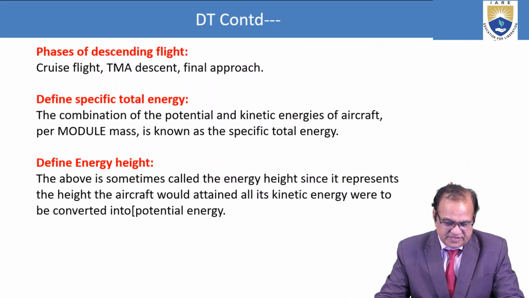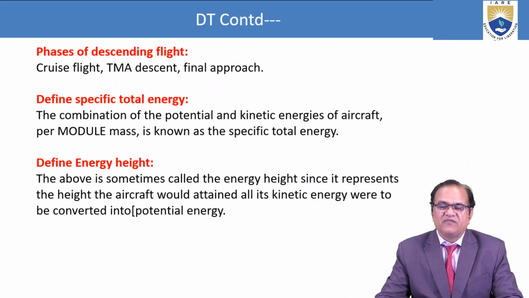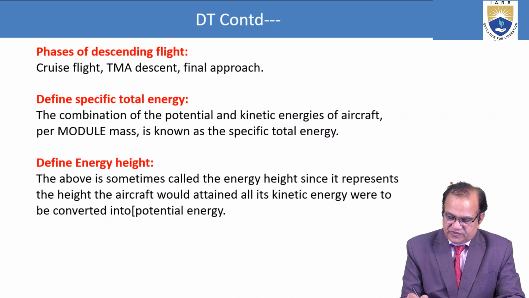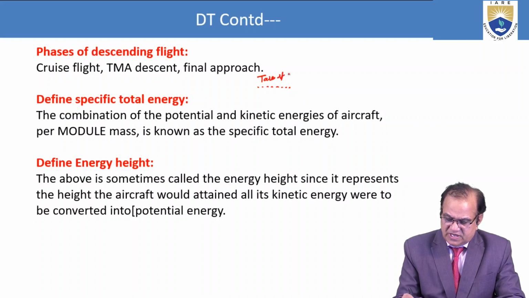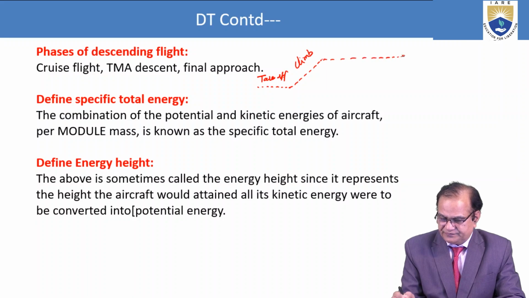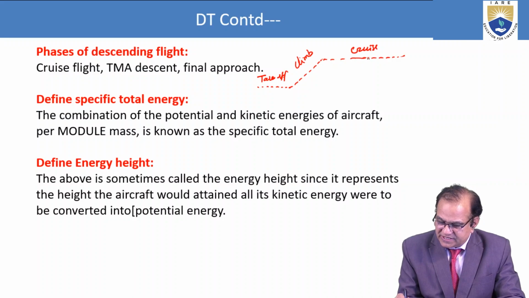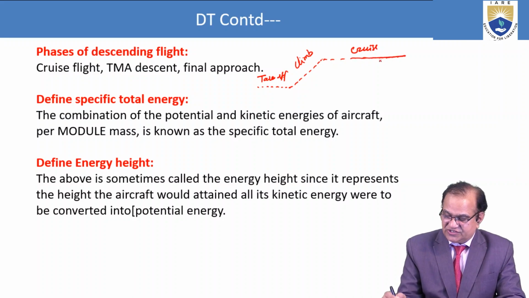Phases of the descent flight. In descent flight, we have the cruise flight, then TMA descent, that is approaching descent, and the final approach. So I am making here dotted, which is not the descent. First it is the takeoff, then we have the climb. Then we have the cruise. So from here onwards, your descent flight starts.